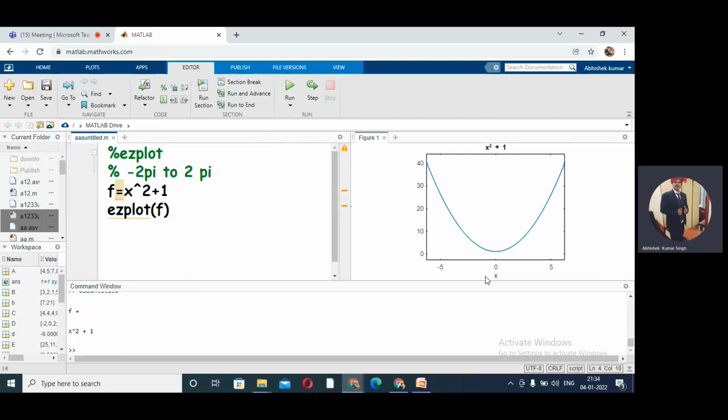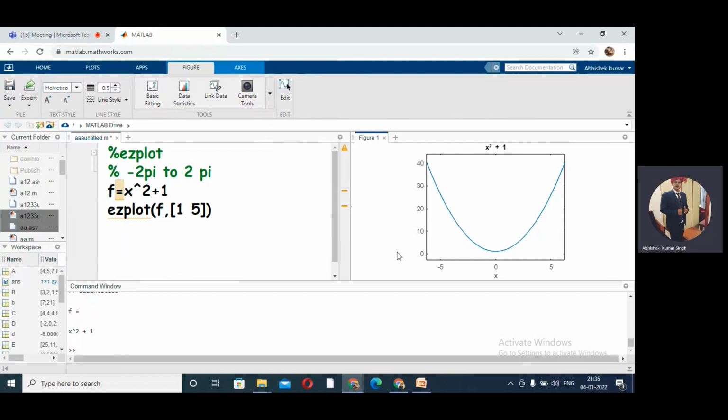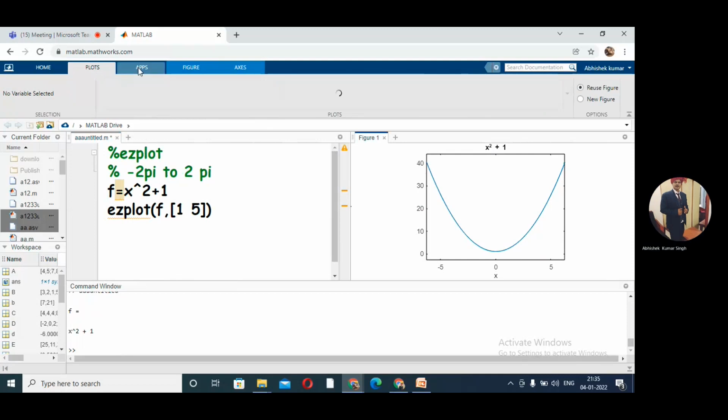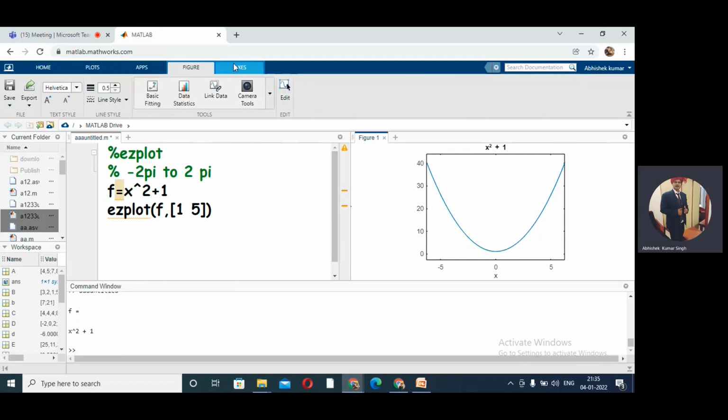Now you can ask me, can we define the domain in the EZ plot? Yes, definitely we can define. So we can have f comma, and here we can define the domain. Suppose I want the graph from 1 to 5. Now we have minus 2 pi to plus 2 pi. Now let us see EZ plot. Okay, I think some problem. Yes, so we need to run that. One minute.